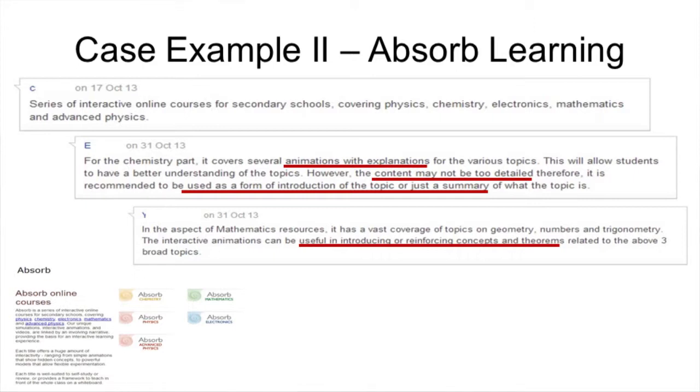Student E added further value to that. Student E said that for chemistry, it covers several animations with explanations. However, the content may not be too detailed. So a recommended instructional strategy could be as an introduction or a summary of what the topic is about.